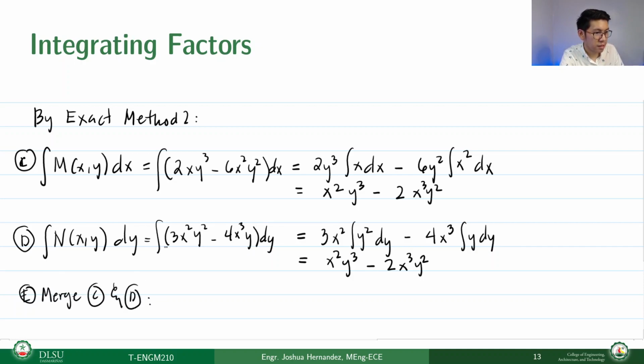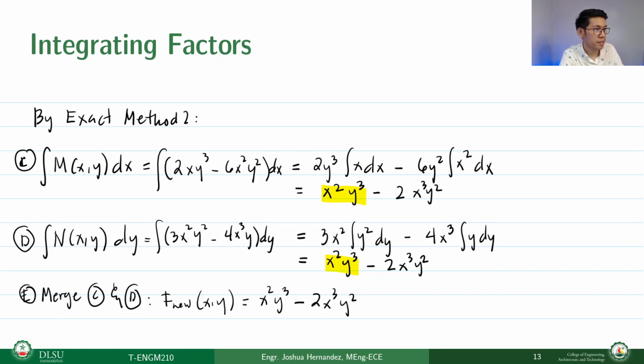By merging, we're going to get the new f(x,y). Without repeating, of course, we would have x squared y cubed, which is the expression we have on both M and N, minus 2x cubed y squared.